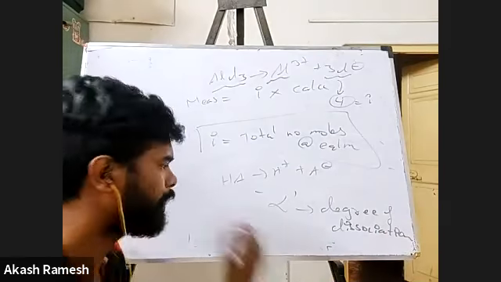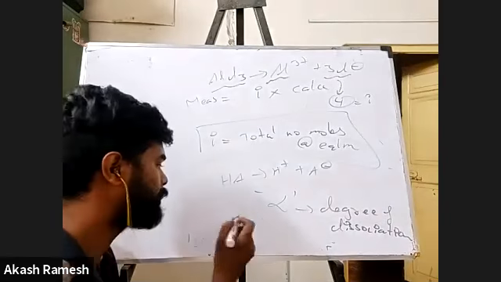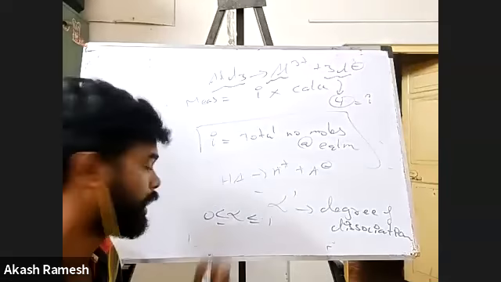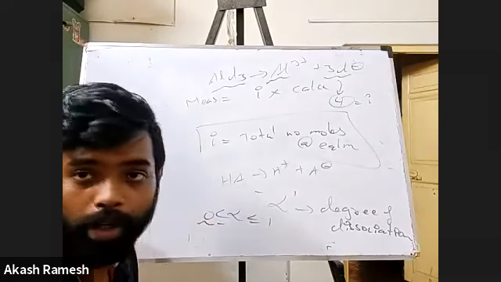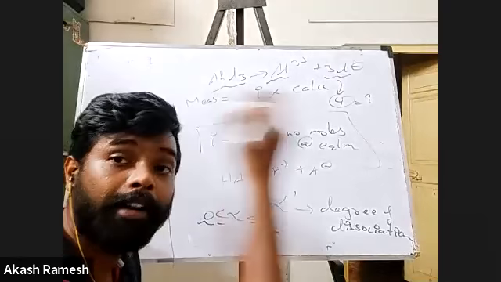So if I find that the alpha value is 0.1, now remember, alpha value will be between 0 and 1. When I have a value of 0, it means no dissociation, no association. When I have the value of 1, it means 100% dissociation.